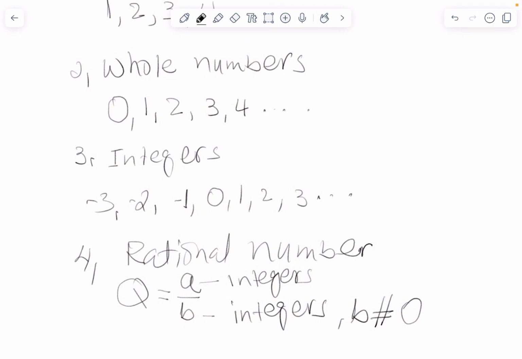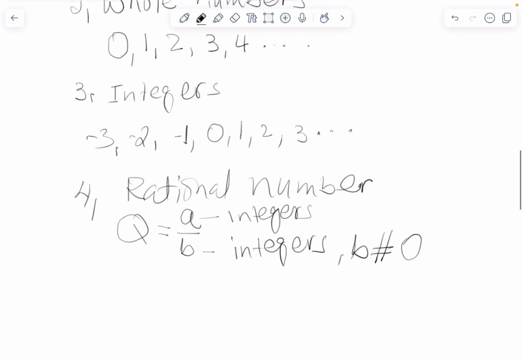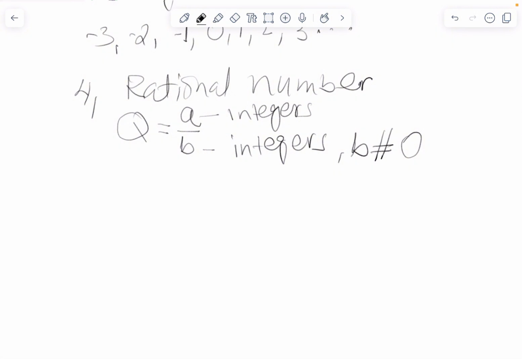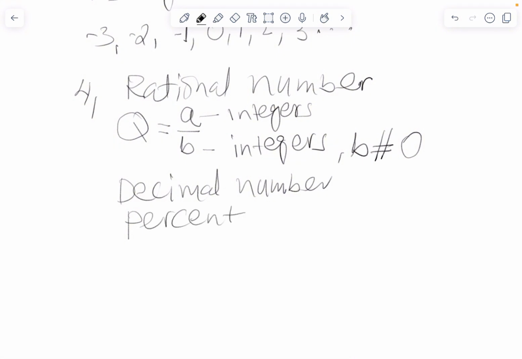If we use B as 0, the rational number is undefined. So a rational number can be a decimal number, can be a percent, can be any ratio.